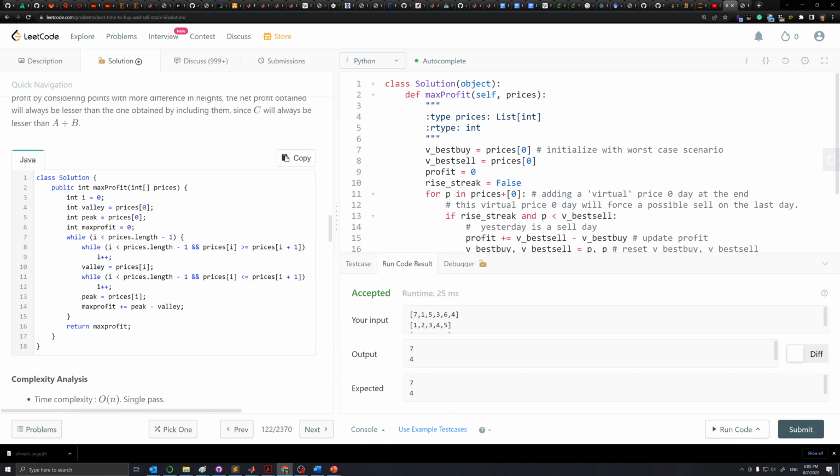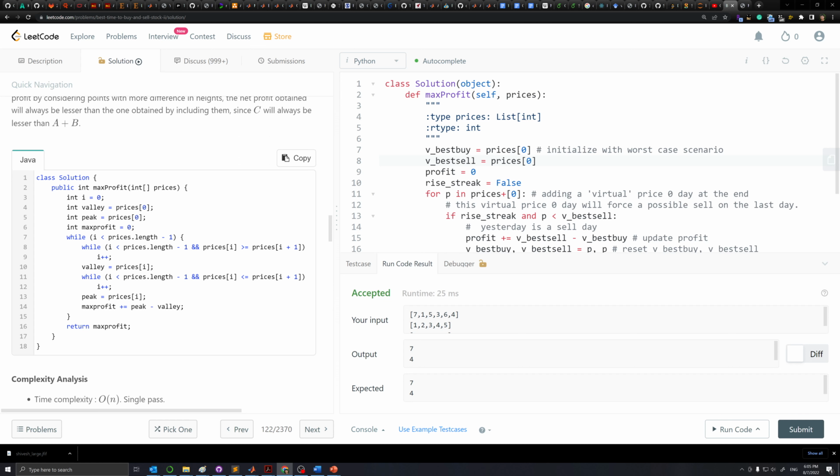Right. So there's the code, and they use a while loop, with valley, peak, max profit. We had profit, we had best buy, best sell. Maybe they mean the same things. And then there's a while loop when i is less than prices.length minus one.